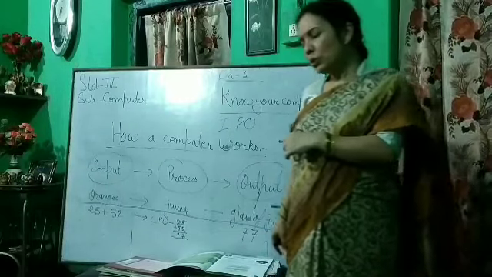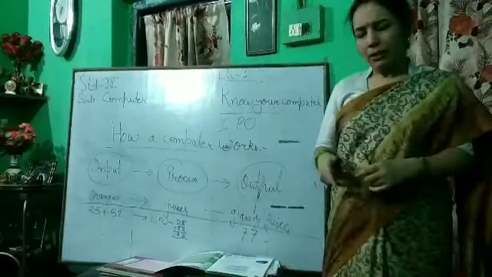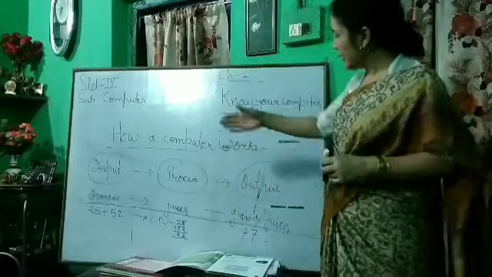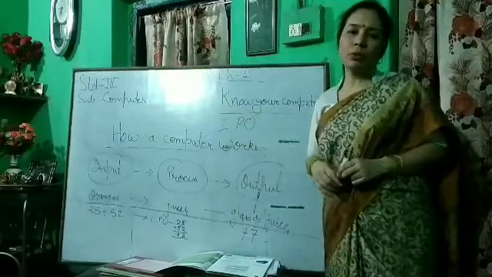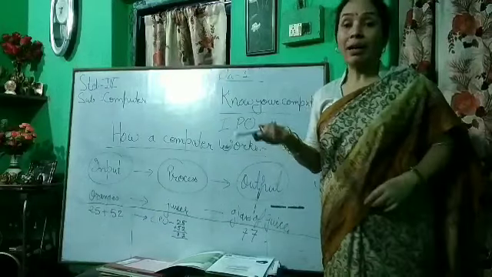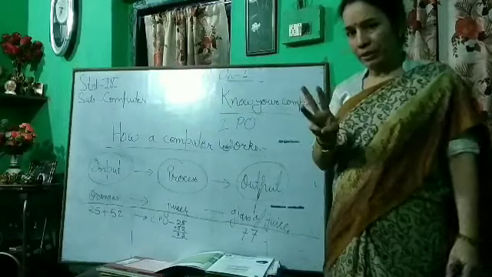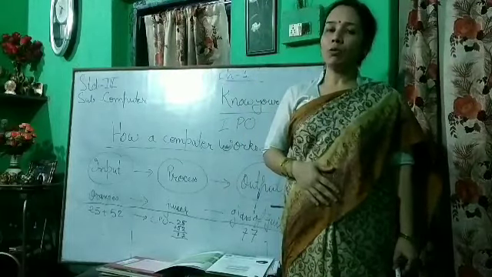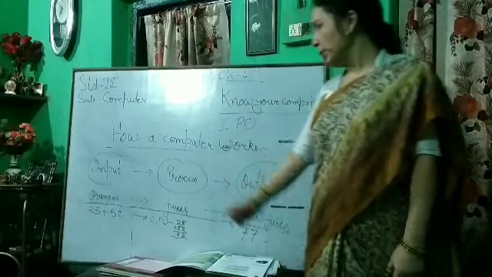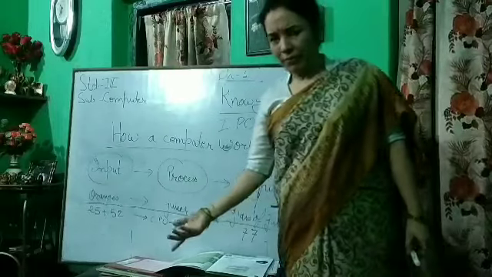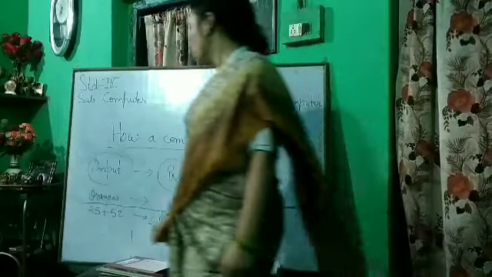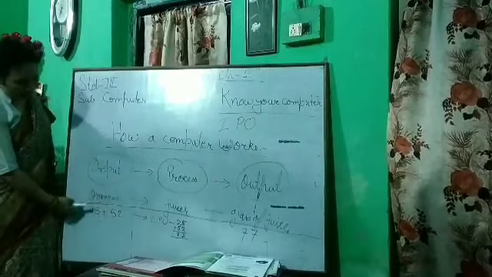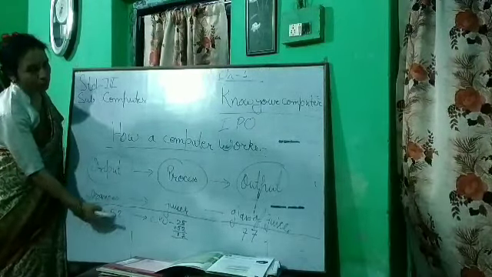Isn't it? So you can see in our daily lives, we do our work in this IPO cycle: input, process and output. 3 phases. Computer works in 3 phases. Now I am coming to the computer. In daily life I gave you examples. Now computer. Suppose I have to solve this sum, 25 plus 52.